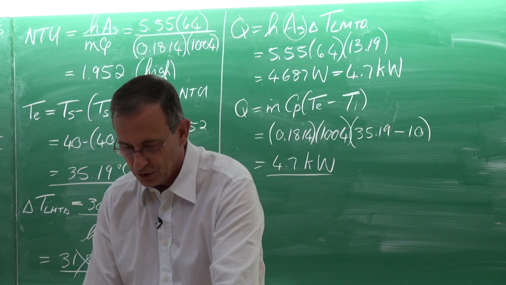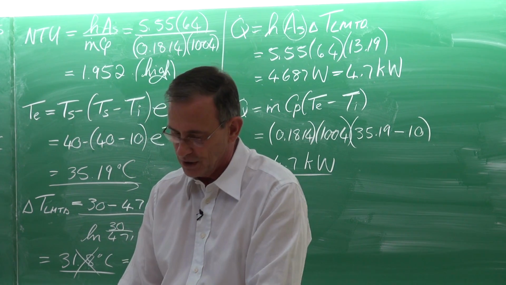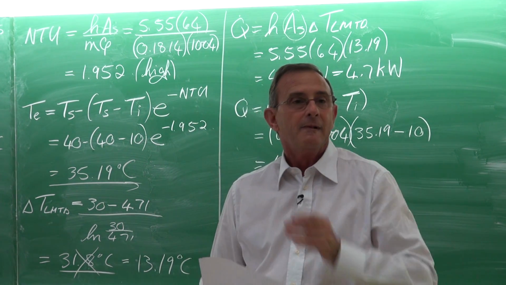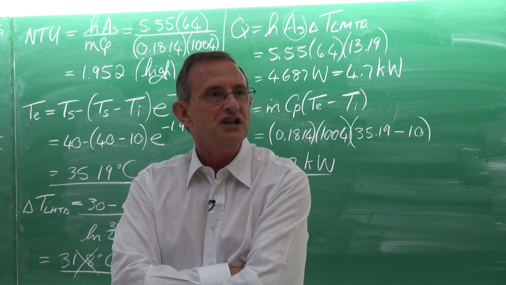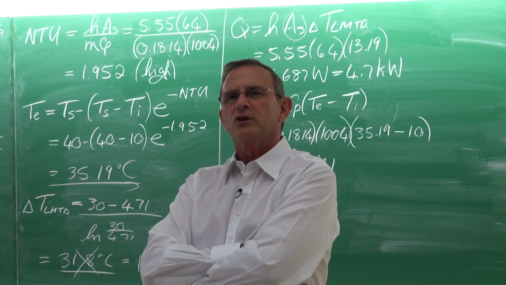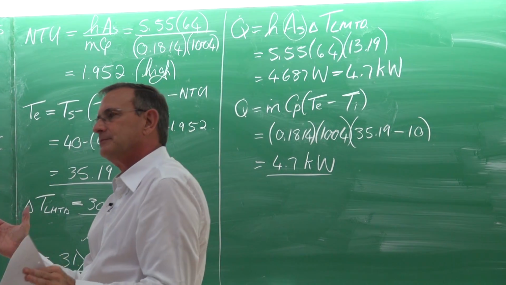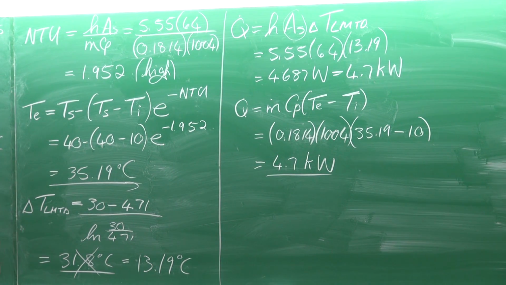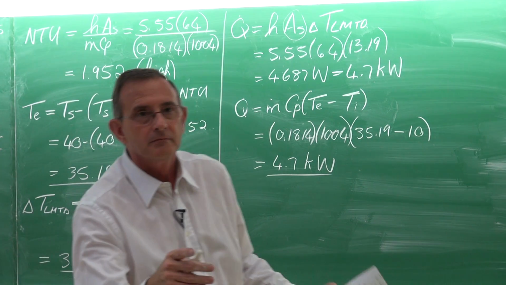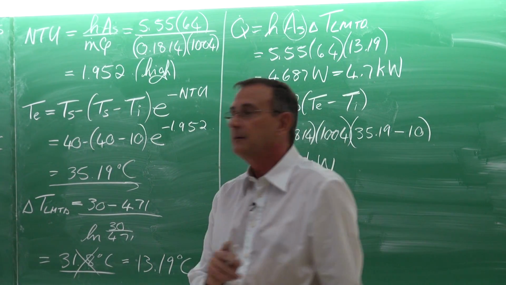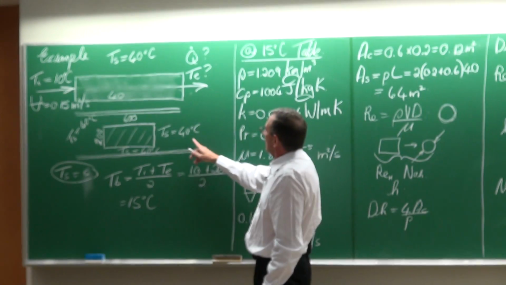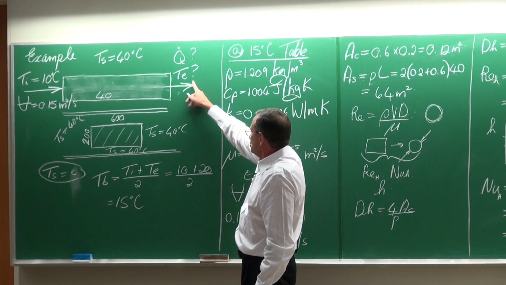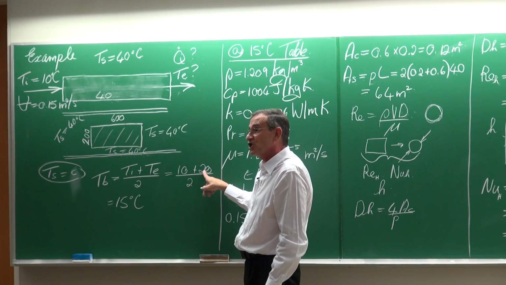Right, my question to you, ladies and gentlemen, are you now satisfied with this problem? If you look at it as an engineer critically, what would you say needs some attention? Exactly. So when we started with getting the properties, I estimated that the outlet temperature is 20, and it's much higher.